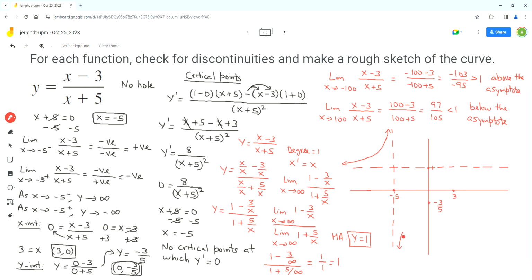So we can just extend our end behavior to the right side of the vertical asymptote through the y-intercept, x-intercept, and then close to the horizontal asymptote. So this can be a rough sketch of the curve.